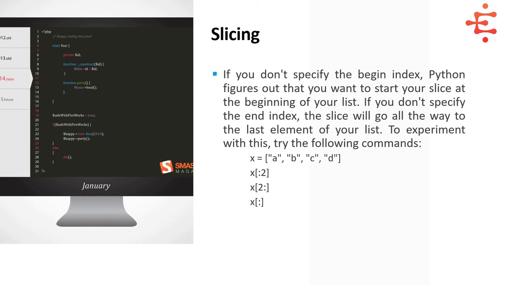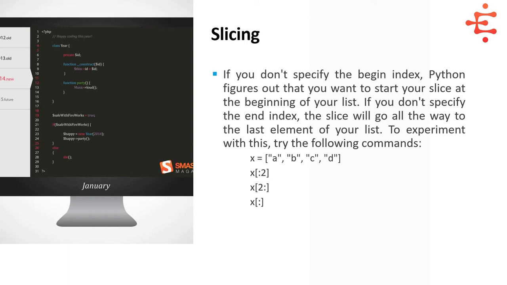So what is slicing basically? If you don't specify the begin index, Python figures out that you want to start your slice at the beginning of your list. If you don't specify end index, the slice will go all the way to the last element of your list. To experiment with this, try the following commands.